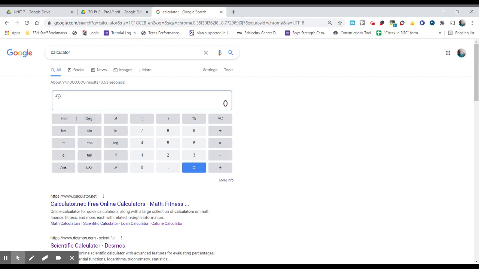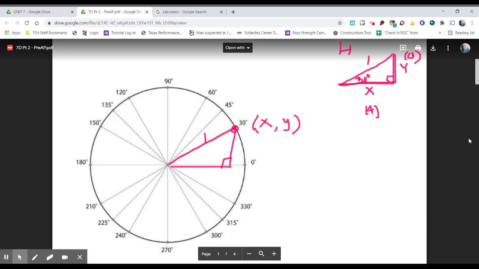And we'll go under degrees for right now. Okay, we'll go under degrees. And we know that the cosine of our 30-degree angle is equal to our x value over 1. Okay? So our x value is really going to be the cosine of our 30-degree angle. Okay, the x value is going to be our cosine of our 30-degree angle.